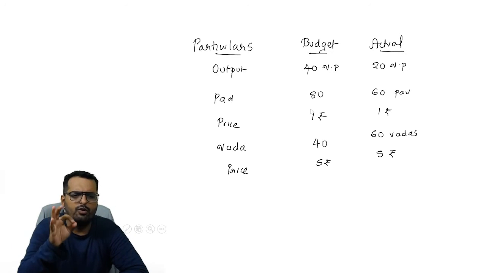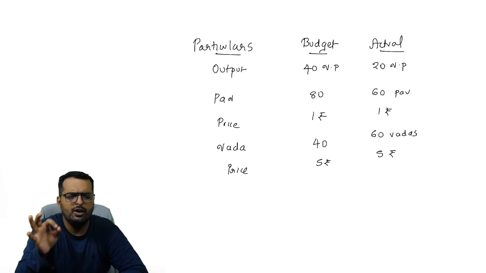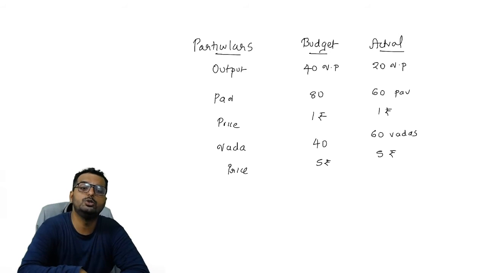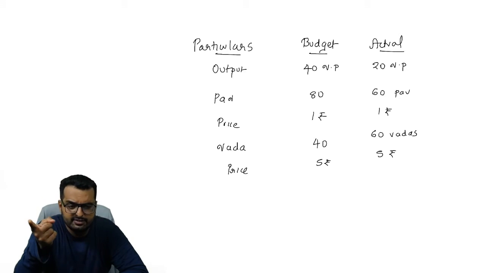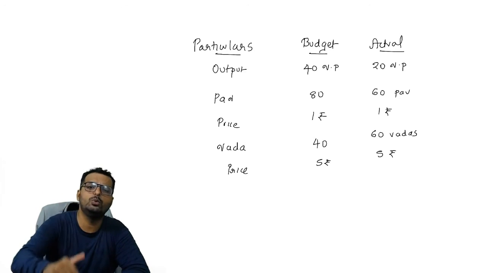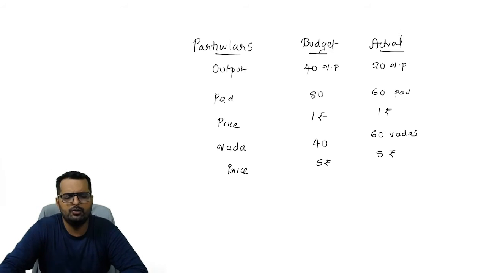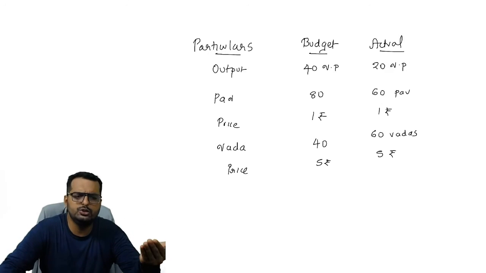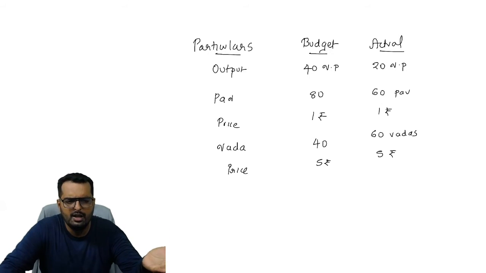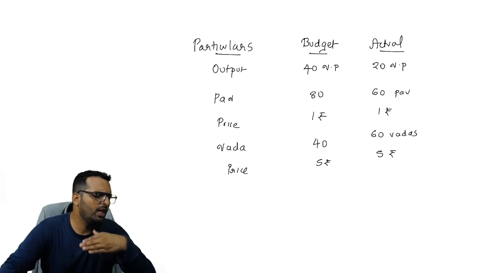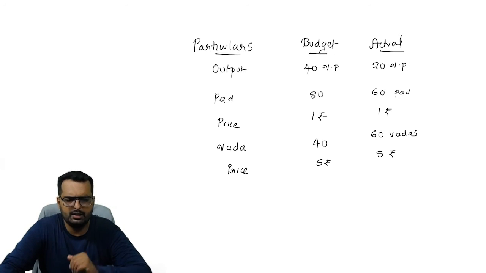So friends, for making 40 vada pav, a normal human being will use 80 pav, 40 vadas. But Anshuman ended up using 60 pav and 60 vadas, that too only for 20 vada pavs. So ideally, the ratio should have been 2 is to 1, but Anshuman has used a ratio of 1 is to 1. Everybody clear so far?